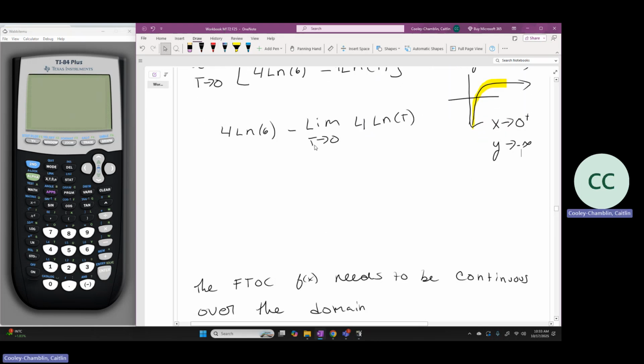So what we get is 4 ln of 6 minus negative infinity. All right, those negatives cancel. And so I get 4 ln 6 plus infinity. And so we get infinity. So the integral from 0 to 6 of 4 over x dx is infinity, and it diverges. The area diverges.